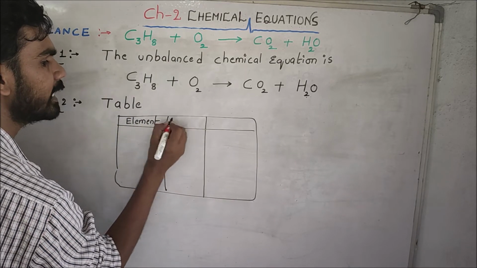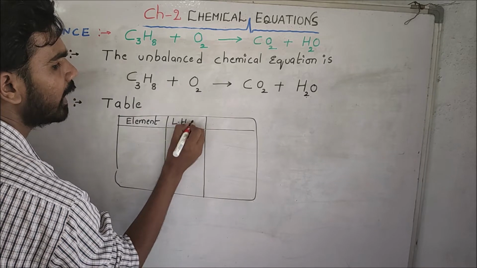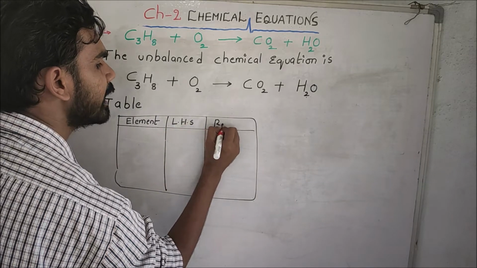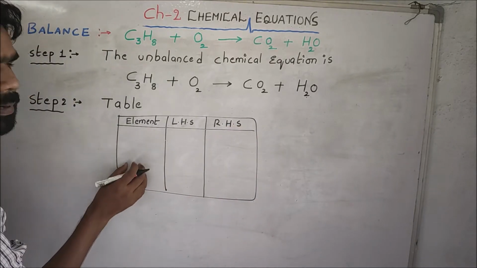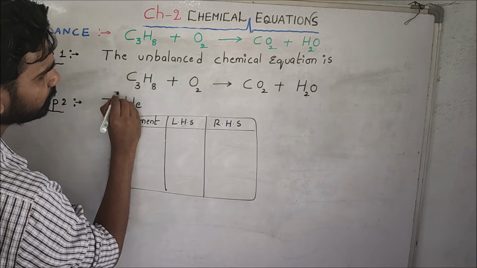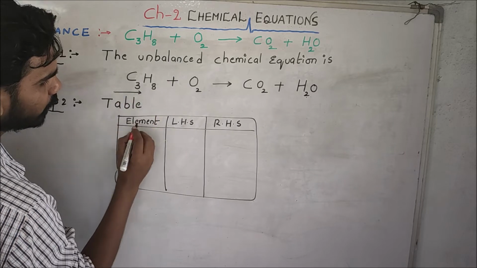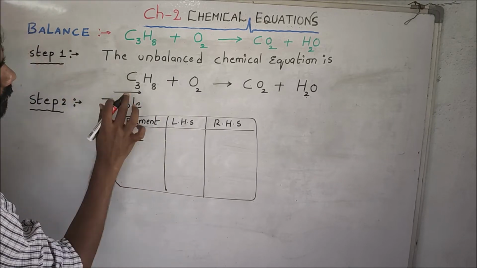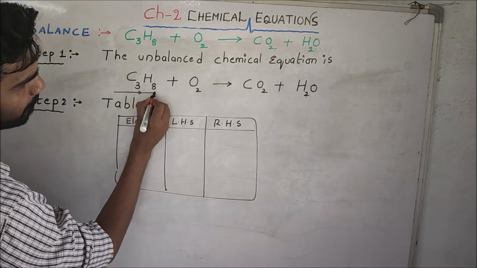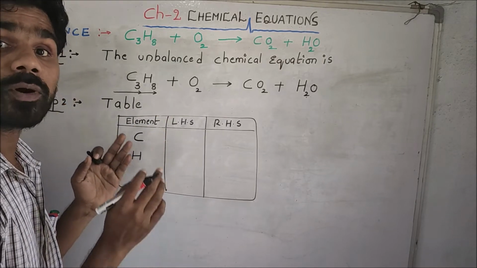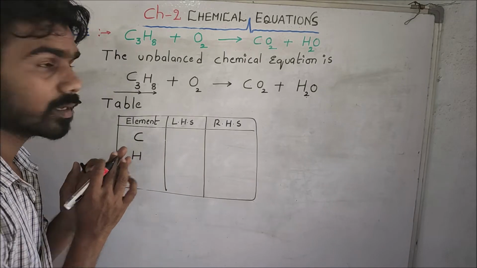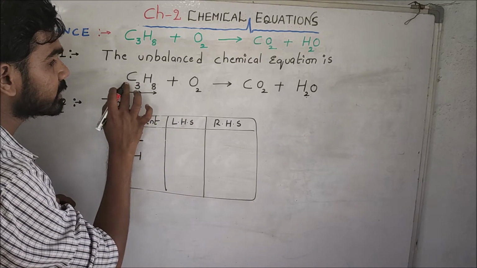The second column? LHS. The third column? RHS. Now how many elements are there? Start from the left hand side. Carbon is there. Hydrogen is there.